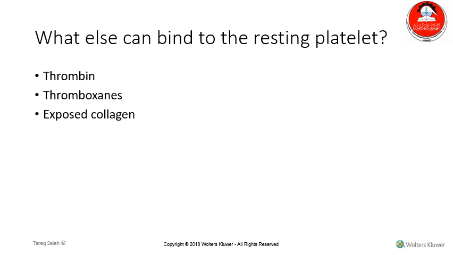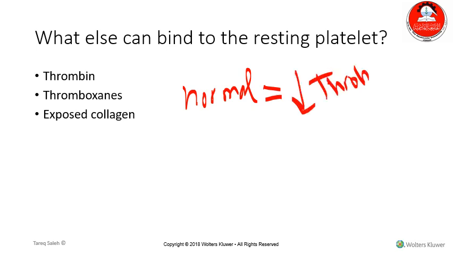Platelets have surface receptors for all of these mediators. In healthy, intact blood vessels, when there is no injury or physical trauma, circulating levels of thrombin and thromboxane are usually low. So in normal conditions, thrombin and thromboxane are low.